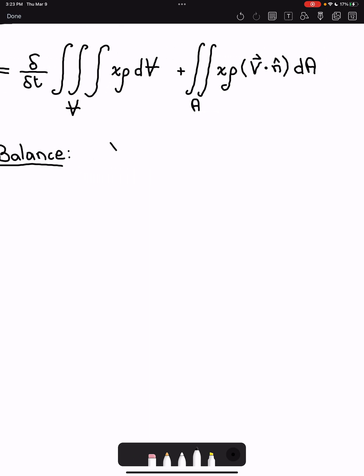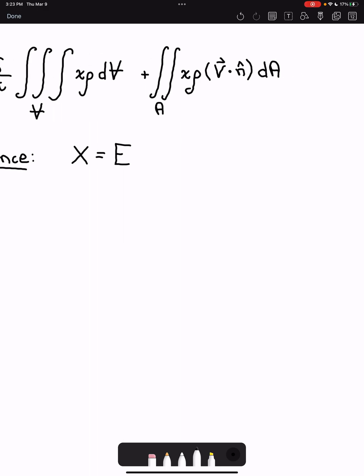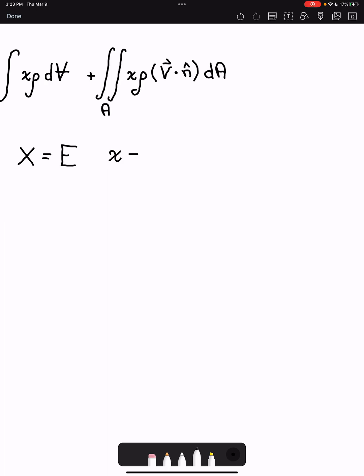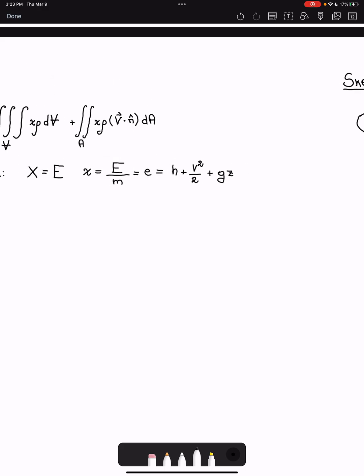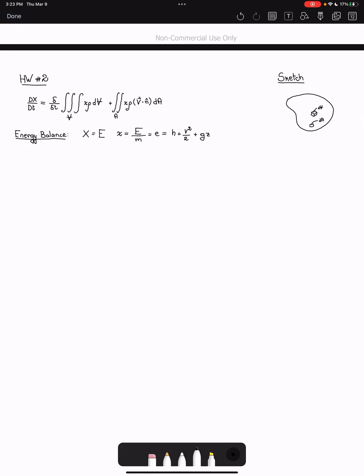So we have that the big X is equal to E, while the small x is equal to E divided by M, which is just a specific energy, which if you remember, is equal to the static enthalpy plus V squared over 2, plus gZ. Okay. So now we have what the small x is.